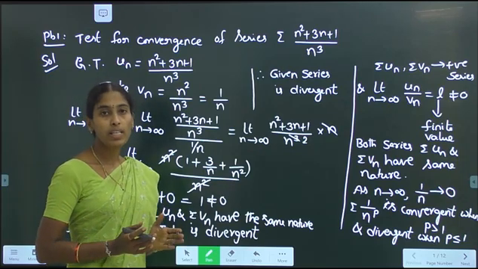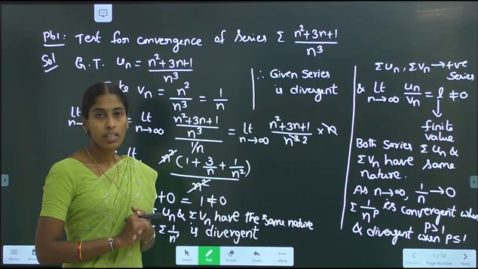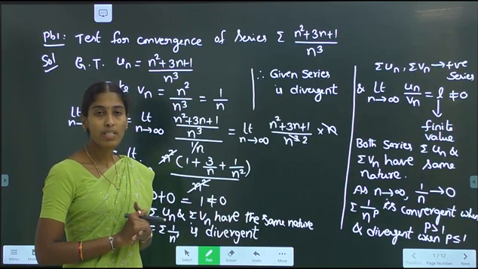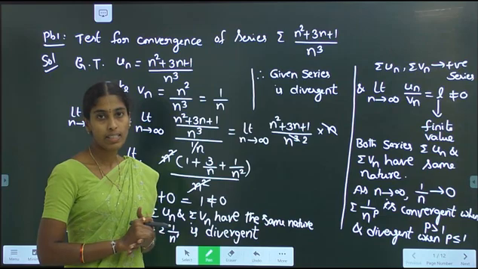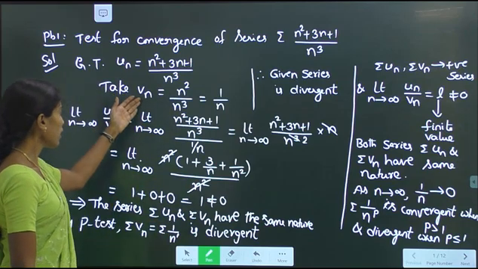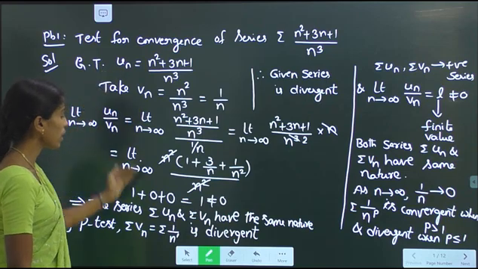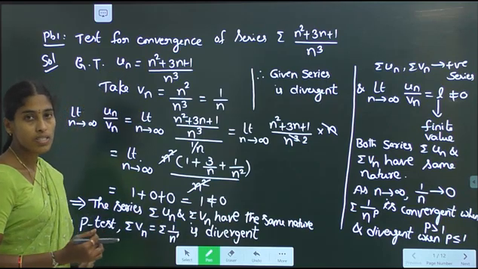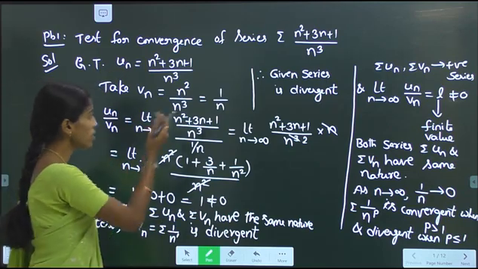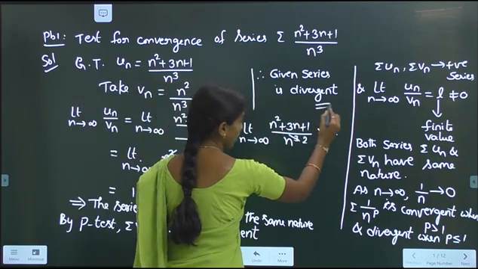Whenever we are applying the comparison test, the condition is we must know the known series nature. Here, Vn nature must be known, then only we can compare the given series with Vn and identify the nature of the series Un. So here the given series is divergent, right?